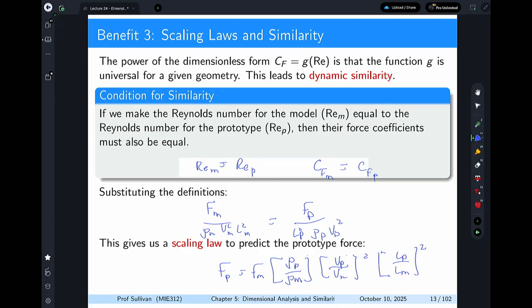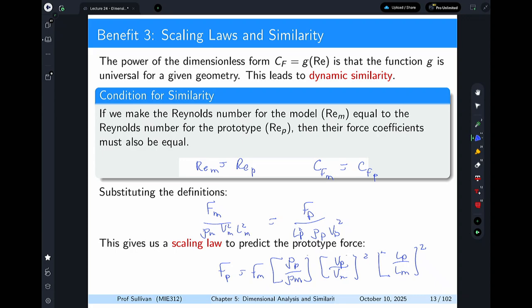And I can match it by saying, hey, for the prototype, I can scale the model results to the prototype results by scaling the fluid. I'll typically use the same fluid, so that ratio will be 1. This ratio for the velocity of the prototype might be much higher.